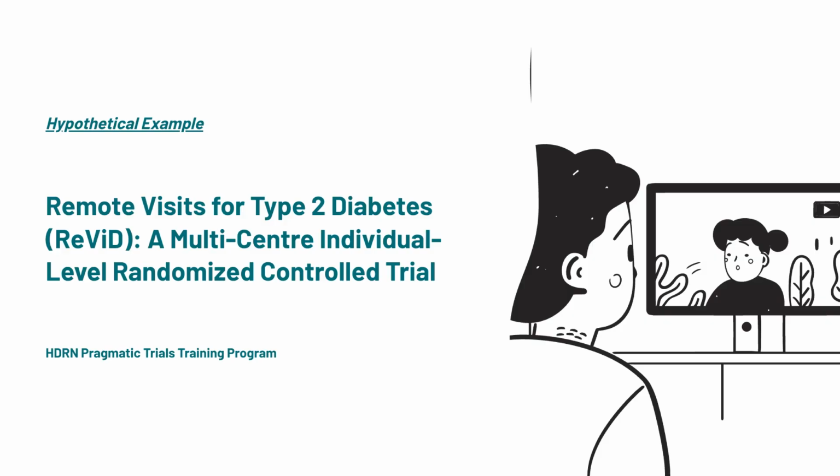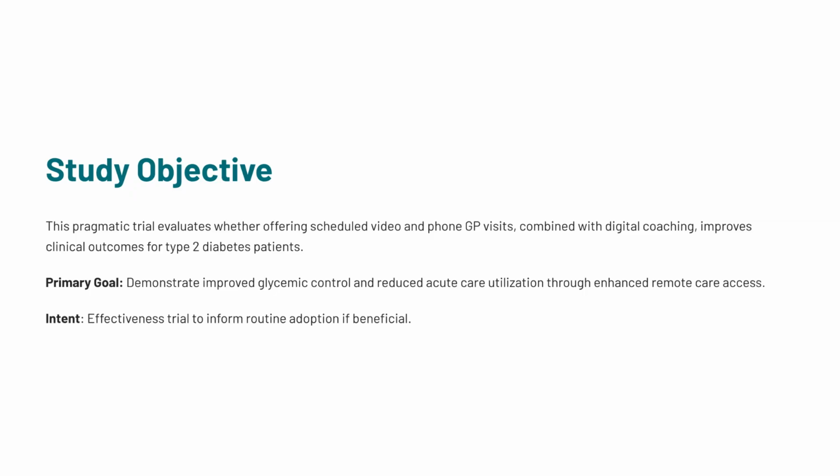Okay, so let's bring this to life with a concrete example with a hypothetical study called Remote Visits for Type 2 Diabetes, a multi-center, individual-level randomized controlled trial, or REVID for short. Right. REVID asks basically if adults with type 2 diabetes can book video or phone GP visits, in addition to usual in-person care.